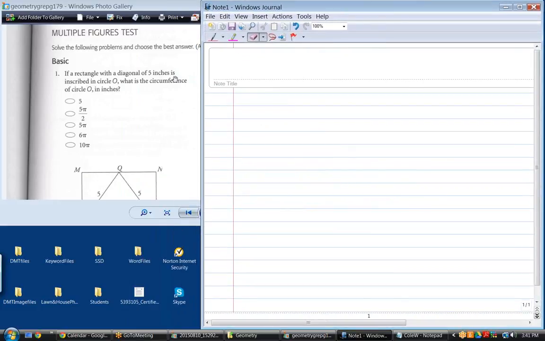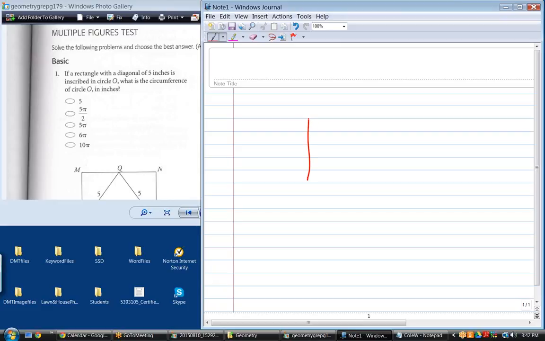All right, let's go back to some of the more basic things in geometry. This one, we've done triangles, we've done circles, we've done quadrilaterals. Now we're doing something called multiple figures test. Okay, in multiple figures, for example, if a rectangle with a diagonal of 5 inches is inscribed in a circle, what is the circumference of the circle? Well, what are they talking about?